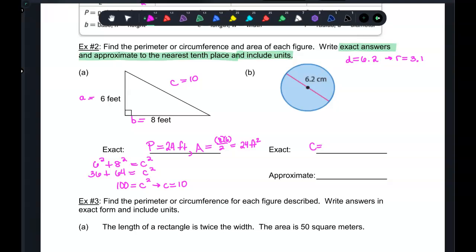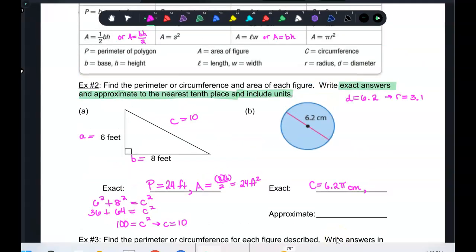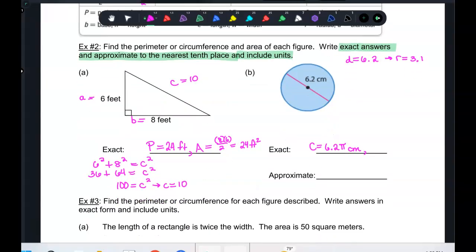Exact means I'm not actually going to use my calculator to plug pi in. So for circumference, it's going to be 6.2 pi centimeters. When it's a circle and it says exact, we're going to leave pi in our answer.